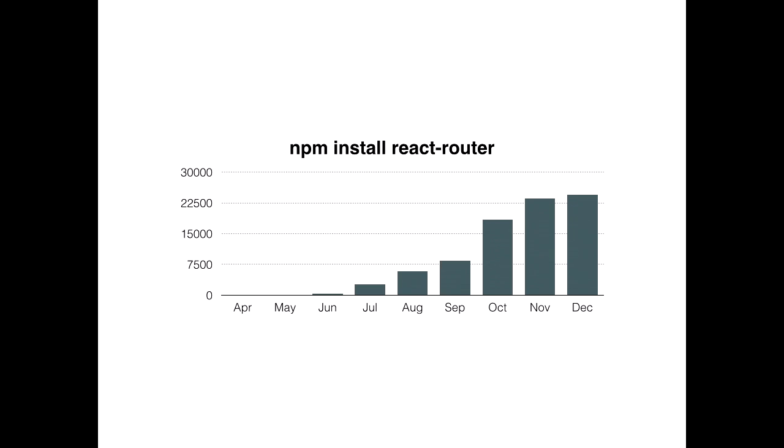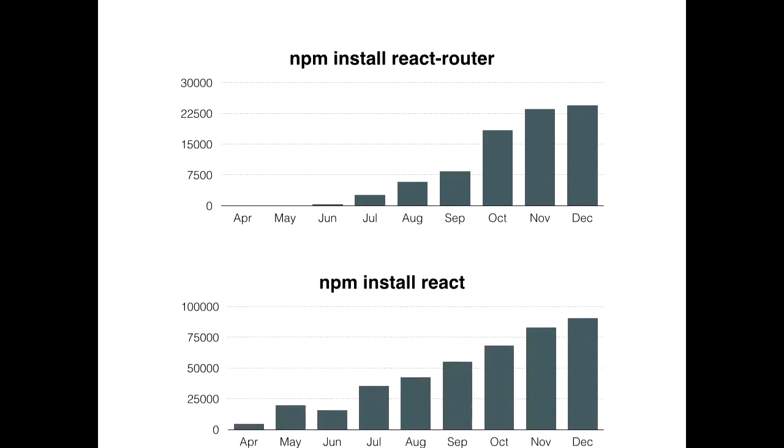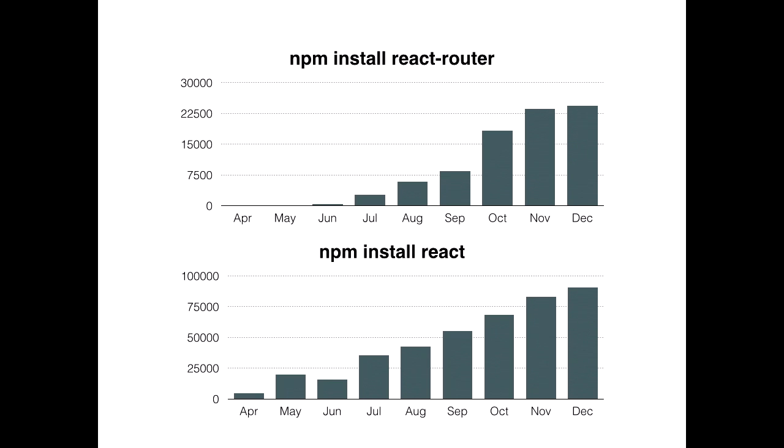People have been installing React Router a lot, and I feel like the install rate corresponds very closely with the number of times that people actually install React. About a quarter of the people who type npm install react also type npm install react-router.